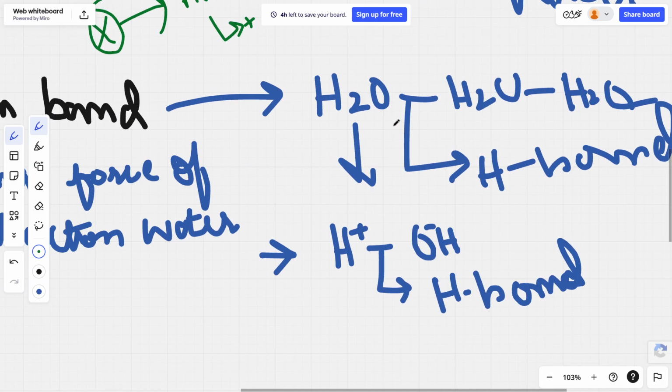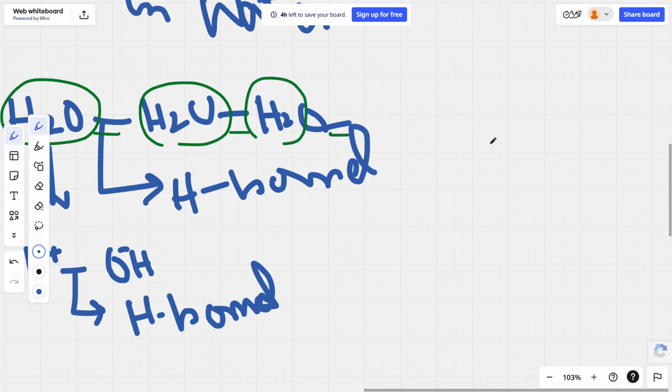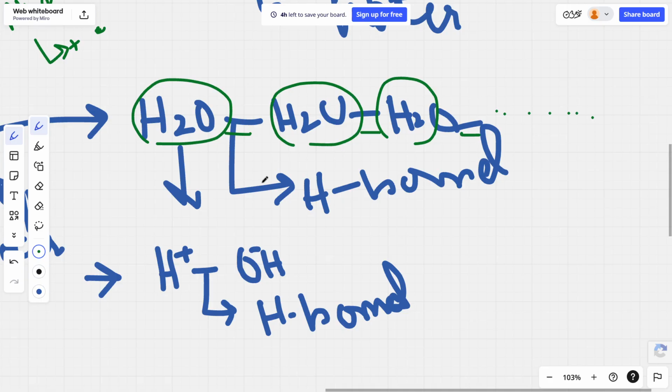It is something like this: H2O, then a bond, then H2O, then a bond, then H2O, then a bond. This is the structure of a hydrogen bond, and this bond is called a hydrogen bond.